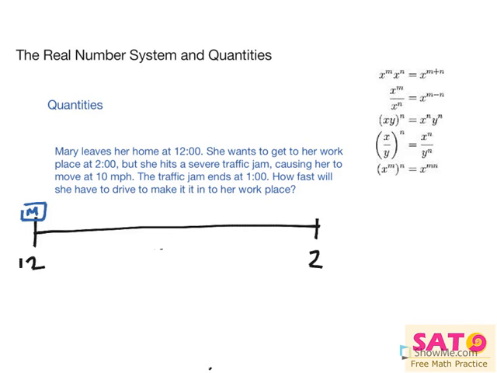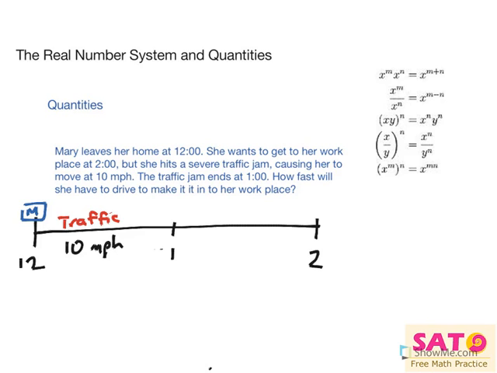So until 1 o'clock, she's stuck in this traffic jam. So I'm going to write here, traffic. She slowed down to 10 miles per hour, and the traffic jam ends at 1 o'clock. So how fast will she have to drive to make it to her workplace?